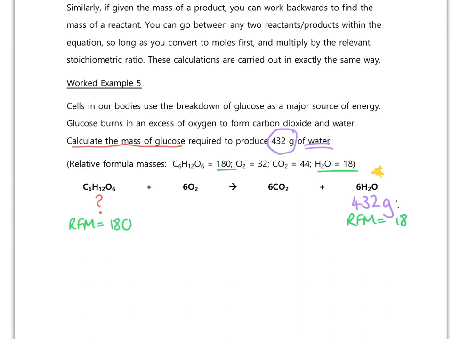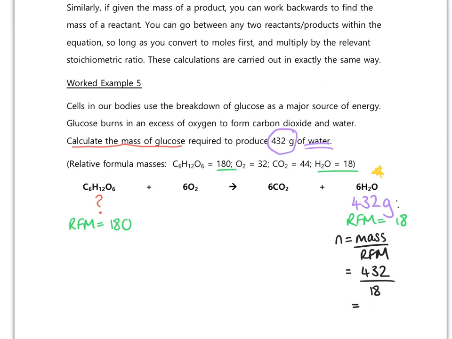I start with the mass that I know, because I couldn't calculate the mass or the number of moles of glucose at this stage because I don't have a mass. So I'm using my equation n equals mass over RFM to calculate the number of moles of water that I want to produce. So the mass is 432, the RFM is 18.